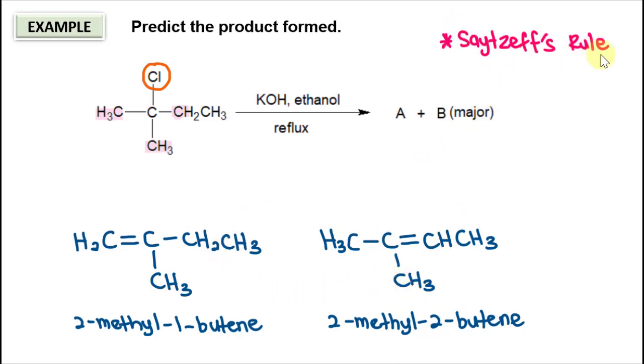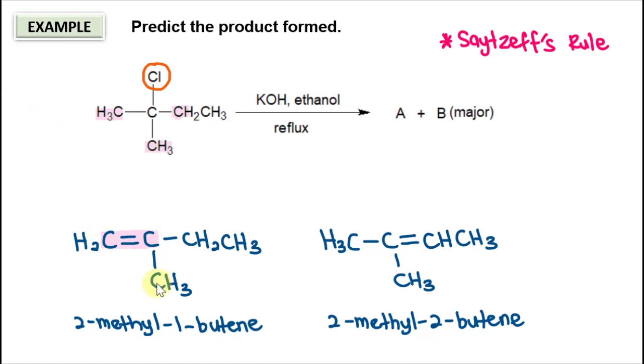Since we have two different products of alkenes here, we can determine our major product according to Saytzeff's rule. Saytzeff's rule states that in elimination reaction, the major product is the most stable alkene, commonly the most highly substituted alkene. So let's have a look at this first product. This is our carbon-carbon double bond.